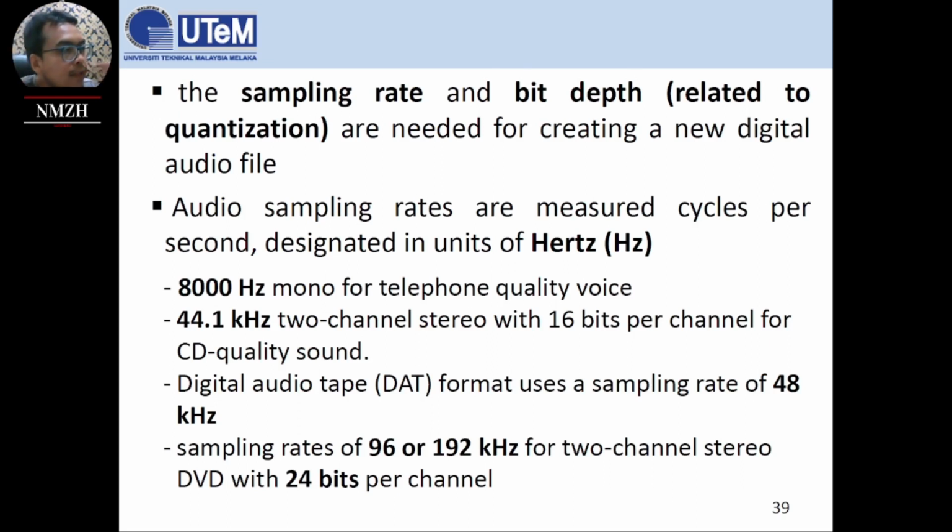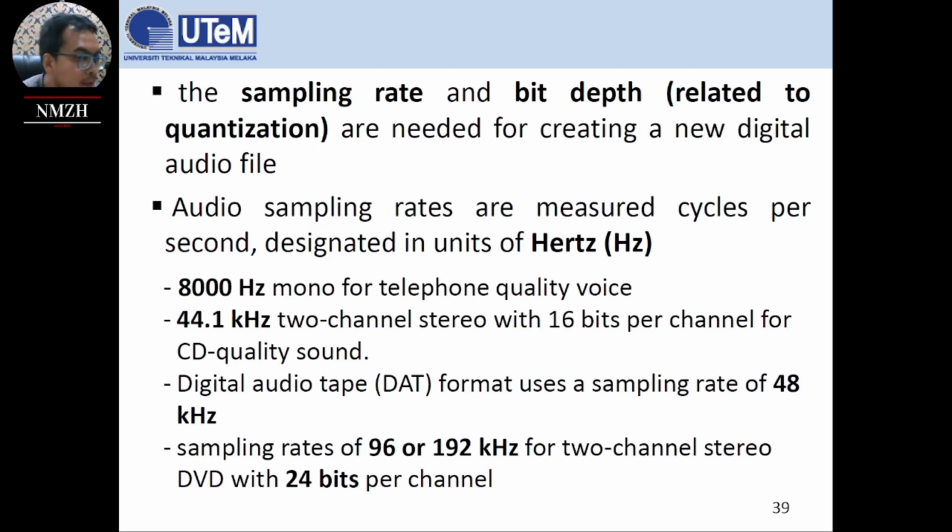Okay, so these are samples of audio sampling rates that we have so far. 8,000 hertz for mono is what our old desktop telephone uses. And CD quality sound is 44,100 hertz, also known as 44.1 kilohertz.